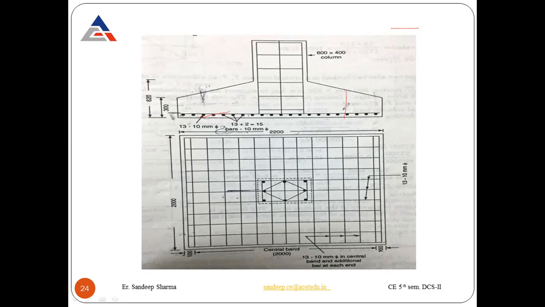This one is the distribution steel along the longer side, and this is the main steel which we are laying along the shorter side. For both these steels, we decided on the 10 mm dia bar. Is that clear?